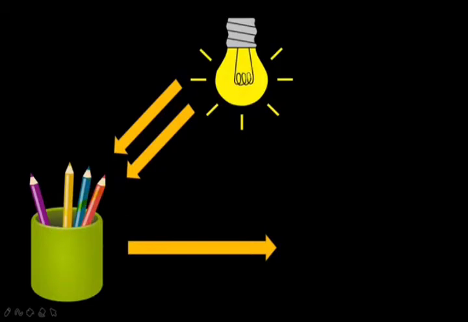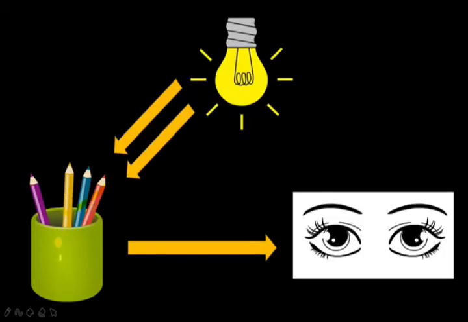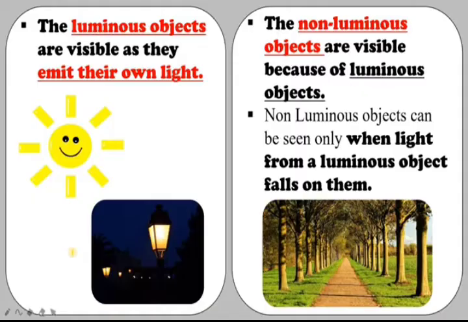So, how will you see the non-luminous objects? If you want to see the non-luminous objects, a luminous object is required, right? From the luminous object, the light should fall on the non-luminous object and it should reflect back to your eyes. So without luminous objects, you cannot see the non-luminous object.